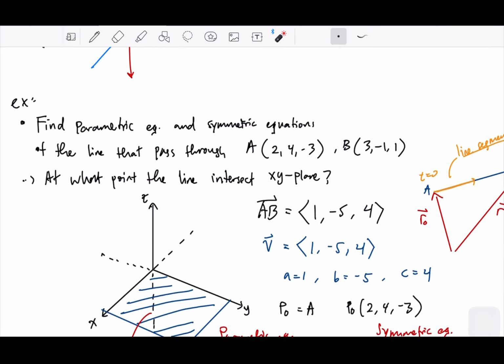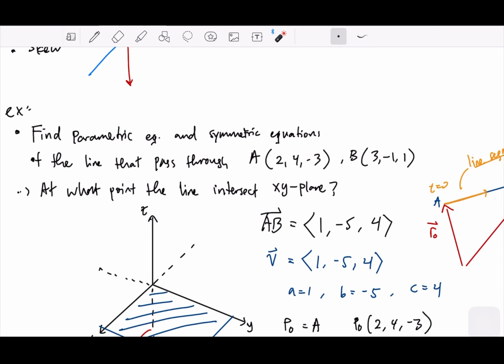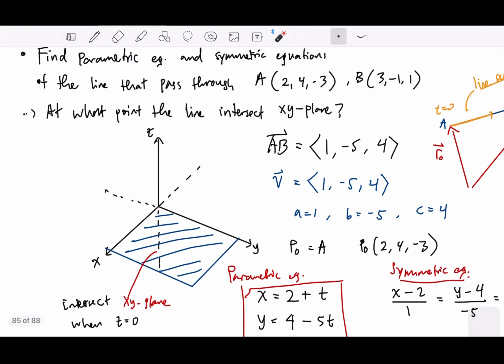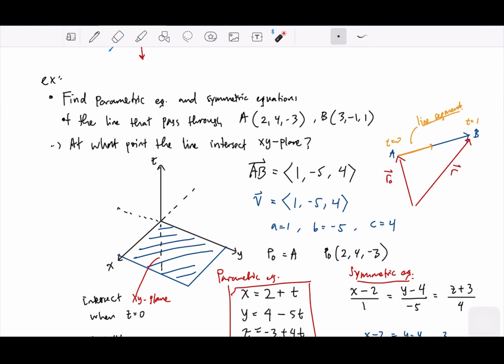Now, an example is finding the parametric and symmetric equations. The line is passing through points A and B. First we need to create our vectors.